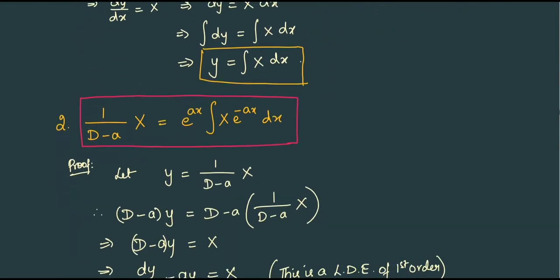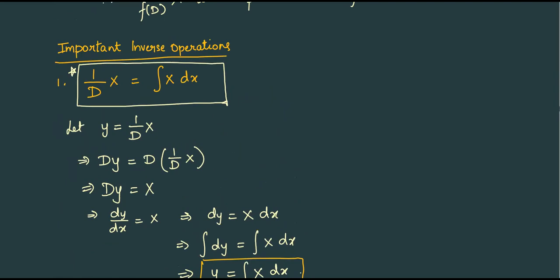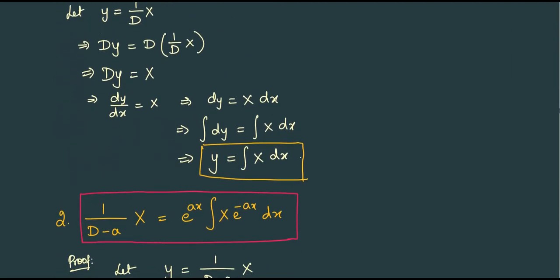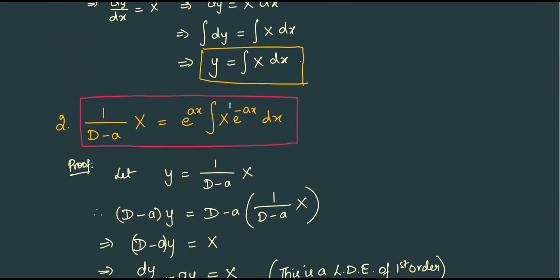We showed this. What is then 1 by (D minus a) of x? That is e power ax into the integral of x times e power minus ax. So this again we have to remember, this is a very, very important operator. So 1 by D is the integral of x, 1 by (D minus a) times x is e power ax again into the integral of x e power minus ax dx.